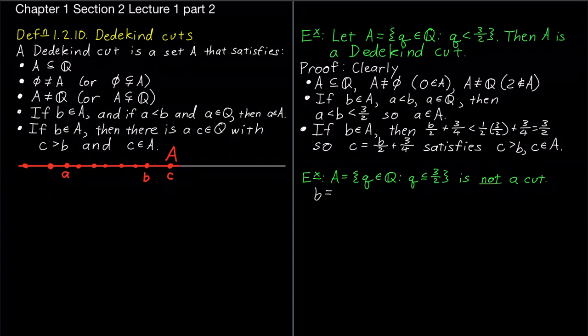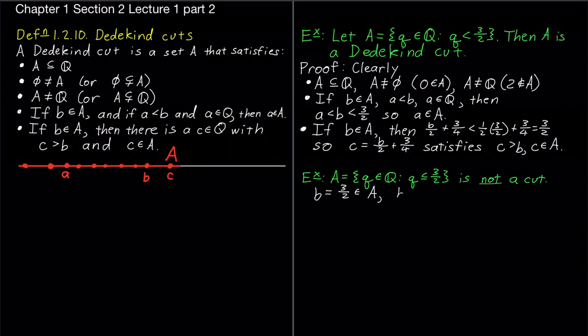So if we pick b equals 3 halves, that's an element of our set. But any number bigger than b is not an element of our set, so we don't satisfy the last axiom of a Dedekind cut.